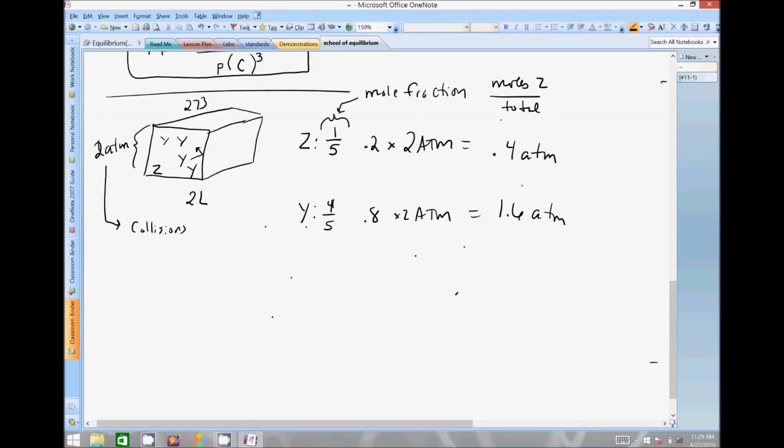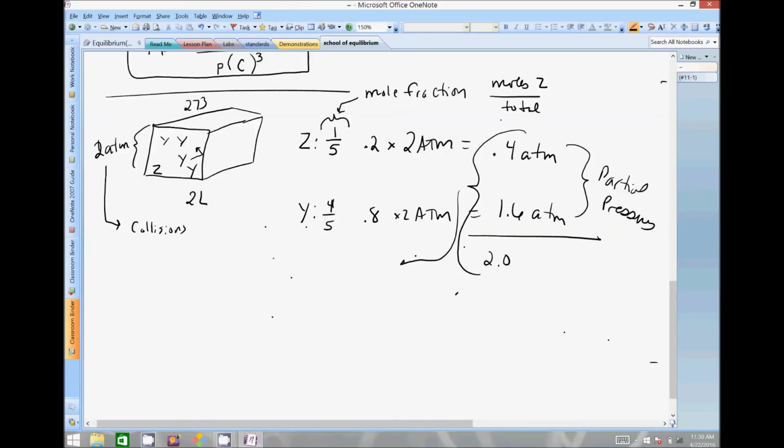We call this the partial pressures. Now add them up nicely, you get back to 2 atmospheres. This whole process here is commonly referred to as Dalton's law of partial pressures.